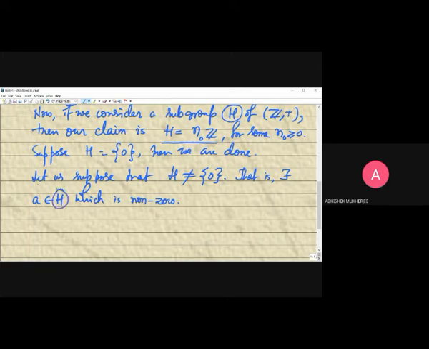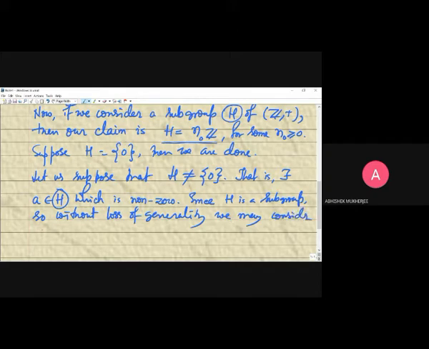And since H is a subgroup, minus A belongs to H, because A belongs to H. So its inverse is also in capital H. So in either case, since H is a subgroup, without loss of generality, we may consider A strictly greater than 0.